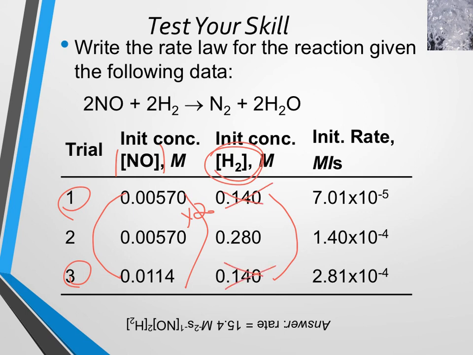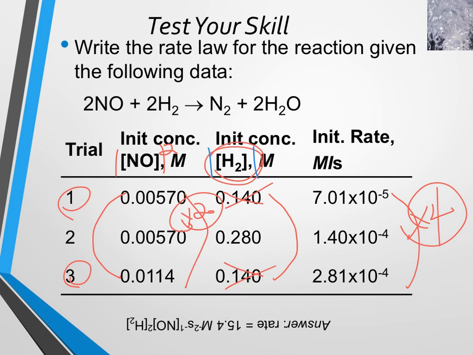As you get to more difficult problems, you will not be able to compare two experiments where everything stays constant that you want to stay constant, so they can get trickier. So what has happened to the rate of reaction comparing experiments 1 through 3? It has quadrupled. Okay, so what does that mean? If we double the concentration of the reactant and the rate has quadrupled, that means it's second order with respect to nitrogen monoxide.